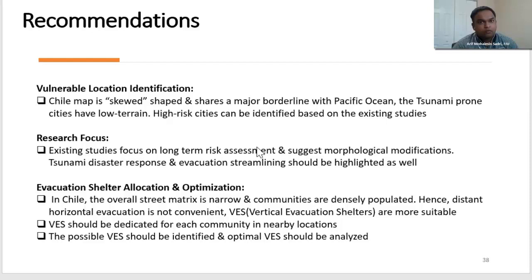But again, we see a lot of horizontal evacuation. How do we balance those things, and should we promote horizontal evacuation as compared to vertical evacuation? All these things depend on the shelters you have available. So currently, what are the shelters you have, and in the future, what are the potential shelters that you want to designate? So this is also important.